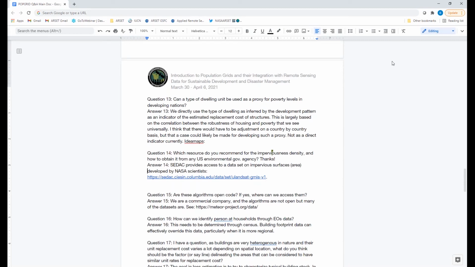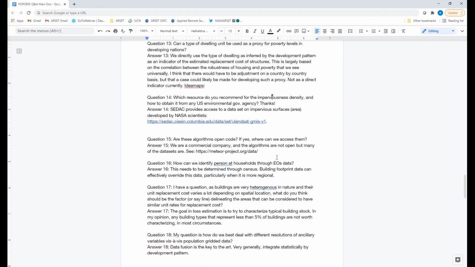That data set, GMIS, is available on our site at that link. It's an interactive viewer, so you can visualize and download the data at 30-meter resolution. Great, thank you. And that impervious surface area data set is also applicable to SDG 11.3.1.